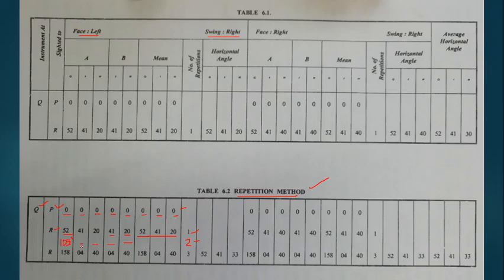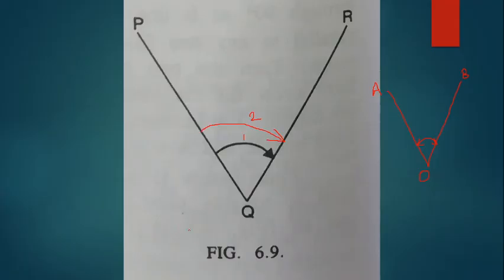So again, the average of these two will give you the total horizontal angle for the second repetition. Okay, we'll go back again. And with this, we have completed our second repetition with face left. Now I have to again bring this telescope back onto line QP or PQ.